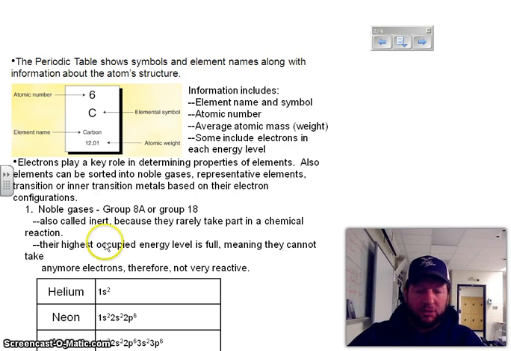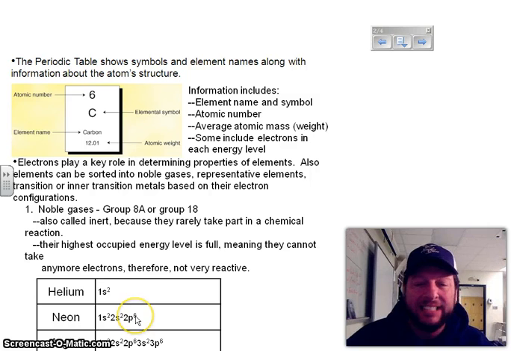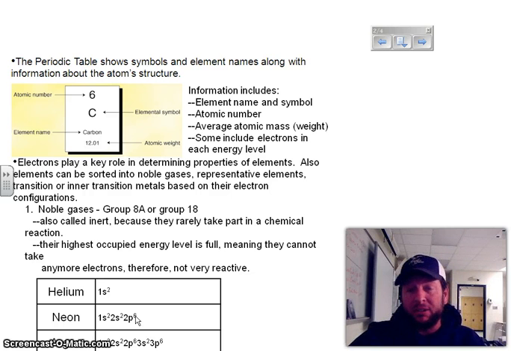If you look at this chart right here, we have helium 1s2, neon 1s2, 2s2, 2p6. That last shell, that 2s2 plus 2p6, equals 8. 8 is the magic number when it comes to whether an element will bond or not.